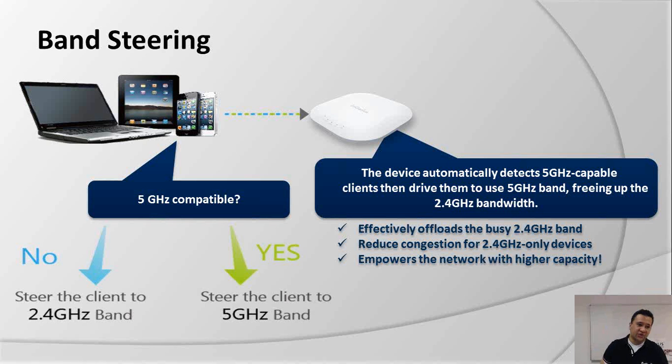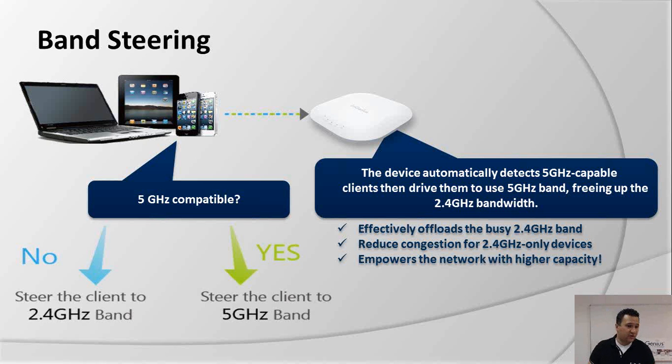And band steering is the function that the access point will recognize which radio the client can use. So if you enable band steering, the access point first will recognize the client.